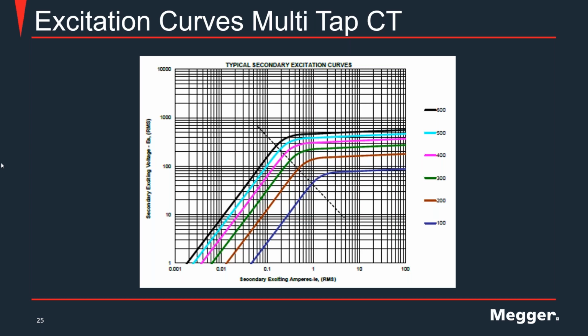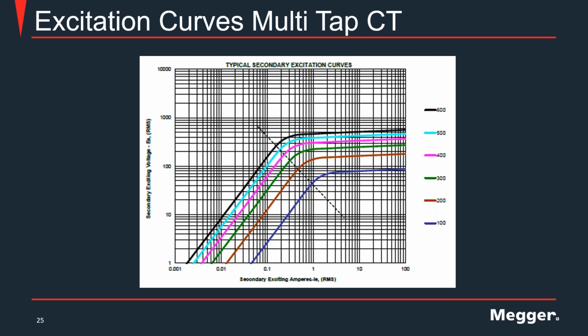Whereas the IEC calculates the knee point based upon the fact that for a 10% increase in voltage, the increase in excitation current should not be more than 50%. That's how they determine the knee point.